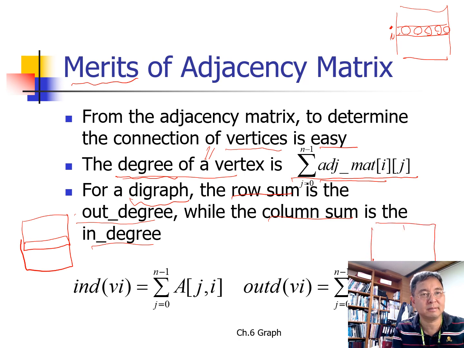This is the adjacency matrix, then this is a column sum, and this is a row sum. Okay, so row sum means out degree. Yes, the calculation of degree is very easy for an adjacency matrix. It is an advantage of this representation method.